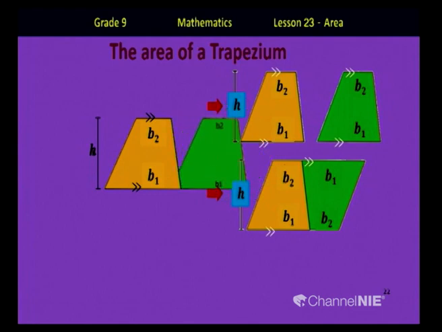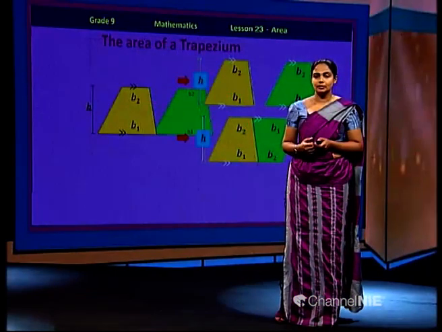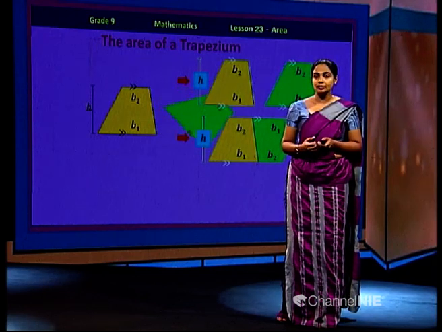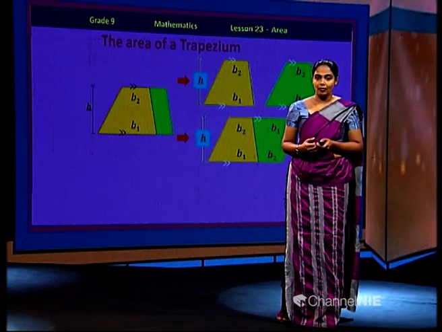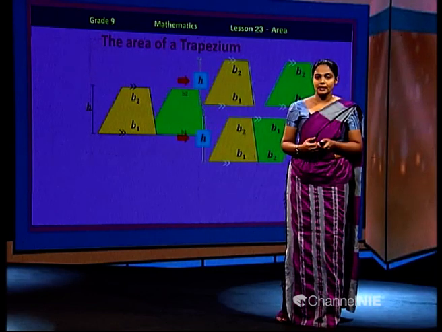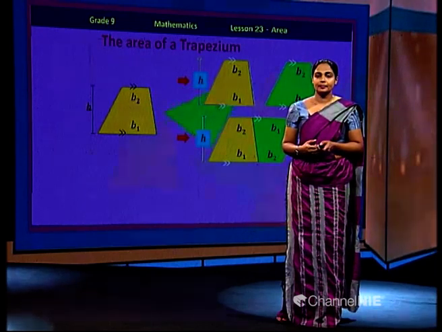In the previous part, we found the area of a parallelogram. Now using that, you can get the area of a trapezium. How can you do it? According to this parallelogram we formed, you can observe that the area of the trapezium is half the area of the parallelogram.